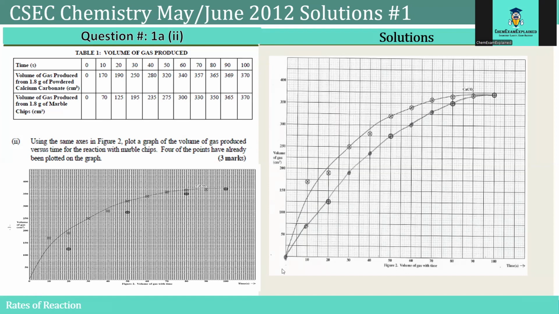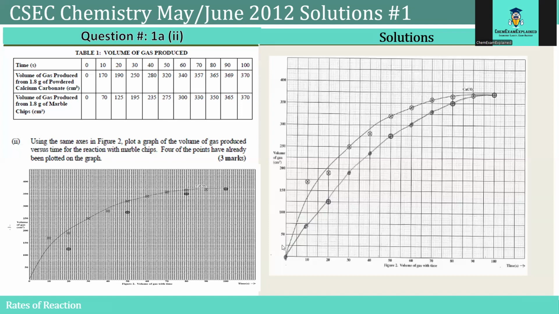And of course, if we use on the x-axis 10 units for every 2 centimeter, you know that each of these small boxes here would be 1. So right here will be 5, then 10, 15, 20, and so on. And on the y-axis, 50 units for every 2 centimeter.